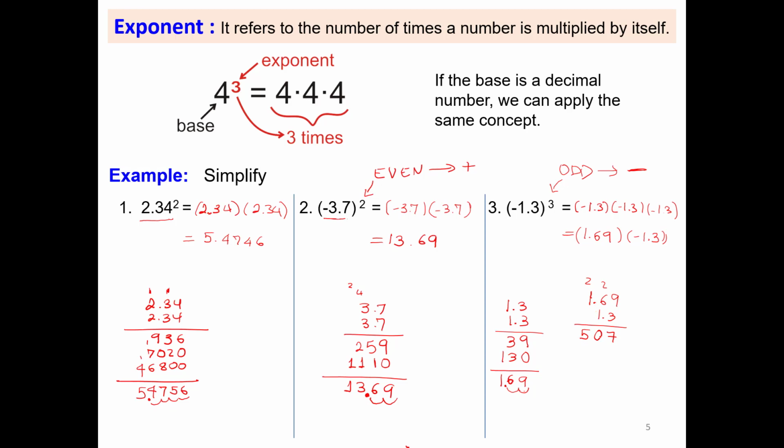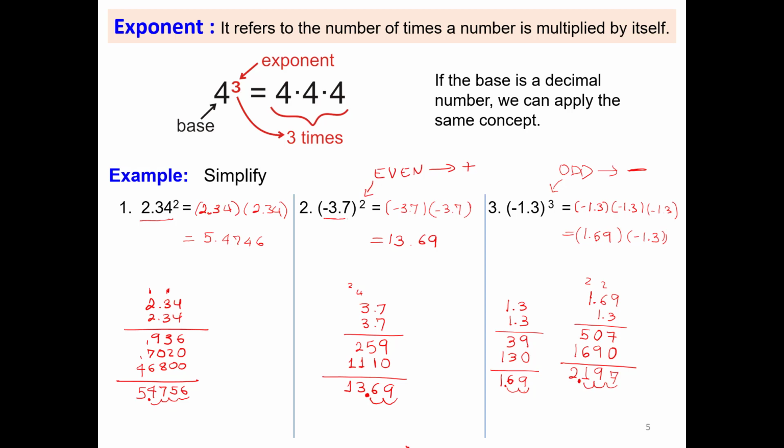Now this is in the 10th place, and now we have to write 0. 1 times 9 is 9. 1 times 6 is 6. 1 times 1 is 1. Add the numbers. 7, 9, 11, 2. Count the decimal places. 1, 2, 3. Yes, 1, 2, 3.